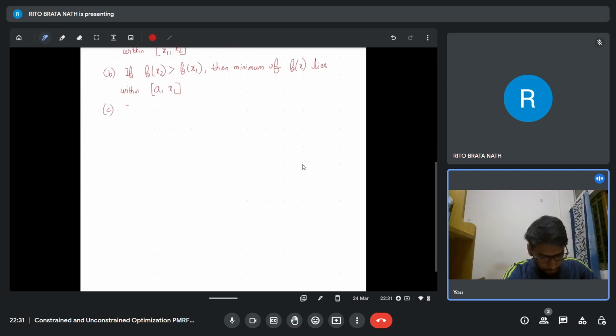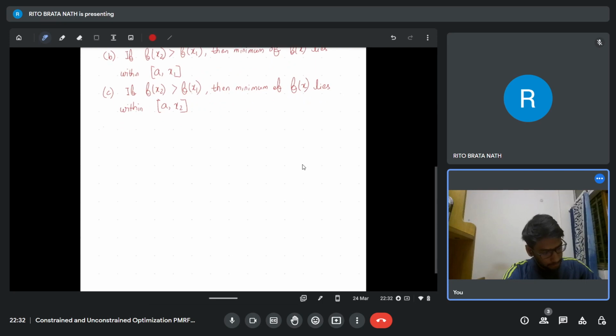Option C tells you that if f(x2) is greater than f(x1), then minimum of f(x) lies within a, x2, and option D is if f(x1) is equal to f(x2), then minimum of f(x) lies within x1, x2.